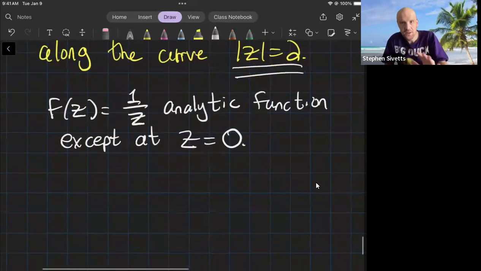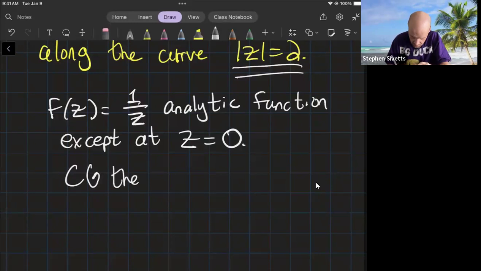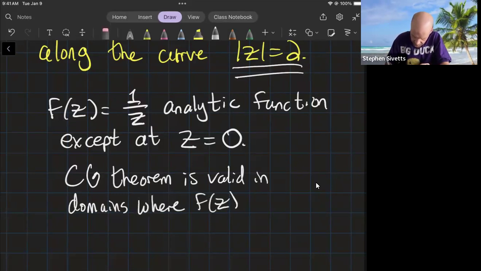In order for the Cauchy-Goursat theorem to work, it is valid in domains where f of z is analytic, right?